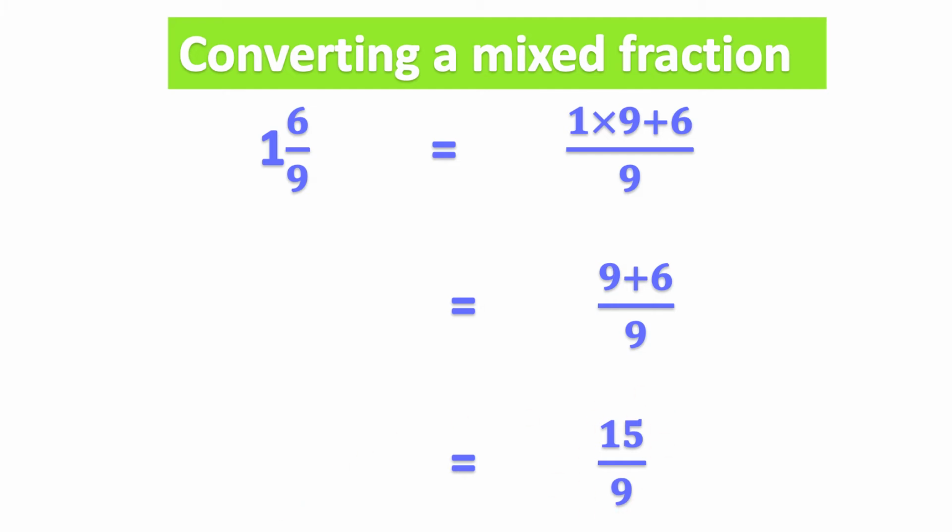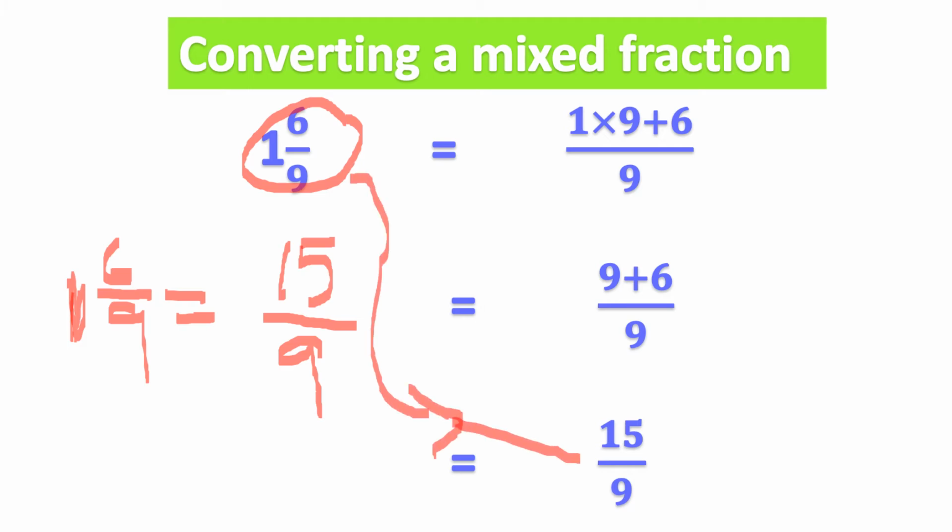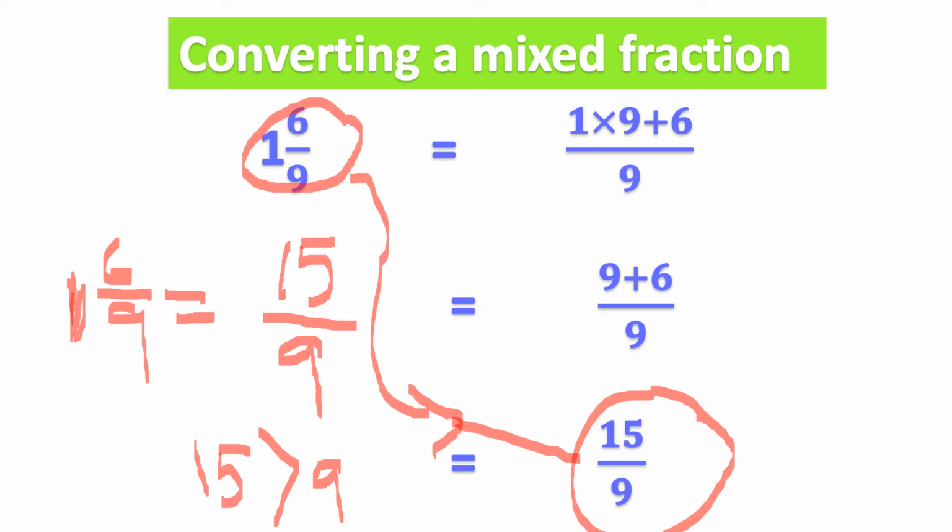So I can say that 1 6 by 9 is the mixed fraction, which I converted into an improper fraction, 15 by 9. You can see that here, right? So this 15 by 9 is what type of fraction? Improper. Why? 15 is greater than 9. So it is an improper fraction, right?